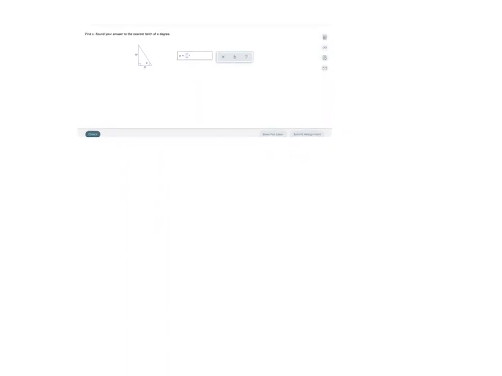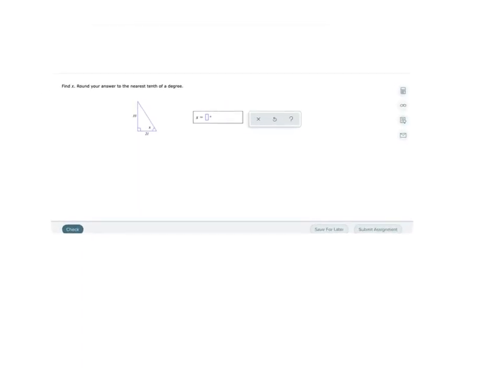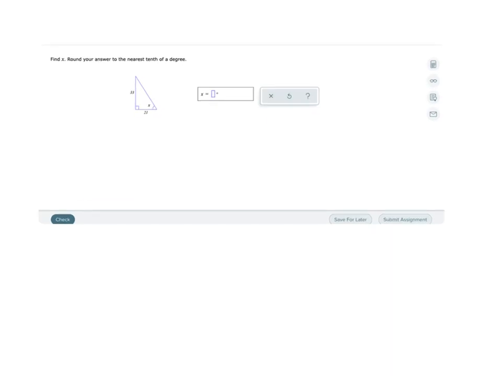The next one that you gave me is very similar, still following the SOHCAHTOA. But this time we're going to use a special thing on this Alex calculator because this time we're trying to find the angle. So first, let's label what we have.